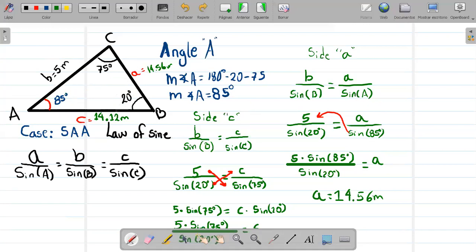Yes, they are too close, 14.56 and 14.12. The reason is 75 and 85 are too close too. They don't have many differences. This one, which is 2 apart, is 2 apart in the measurement of the side too. So that's an important relationship you must consider every time, and it helps you check the work you're doing, if you're doing a nice job or if you're mistaken.